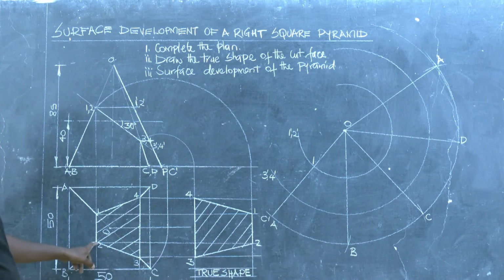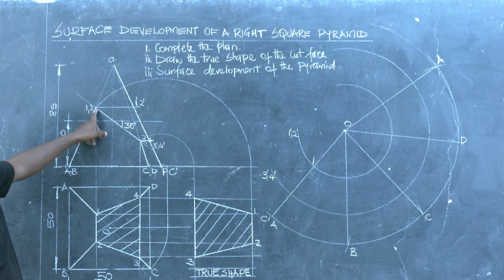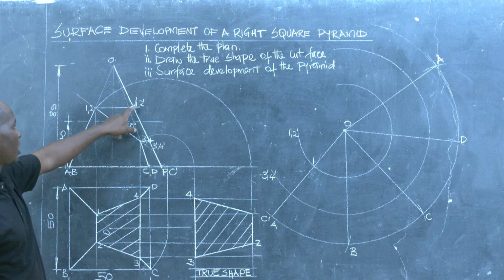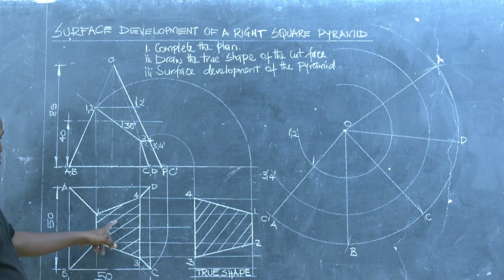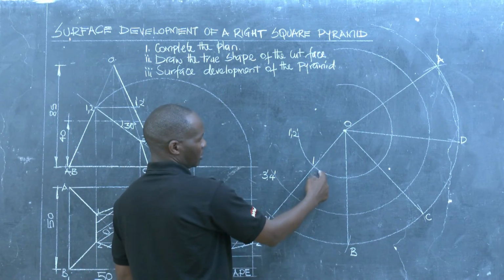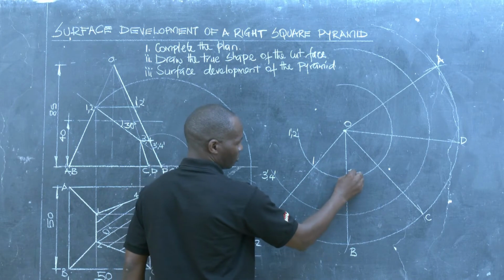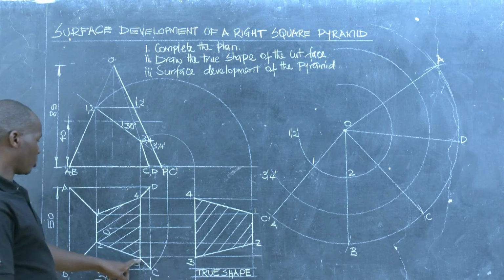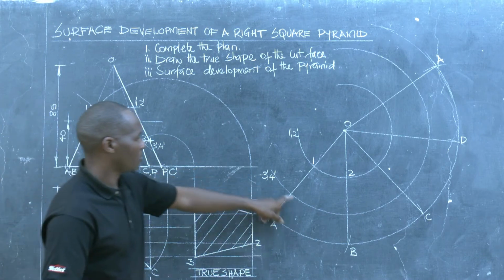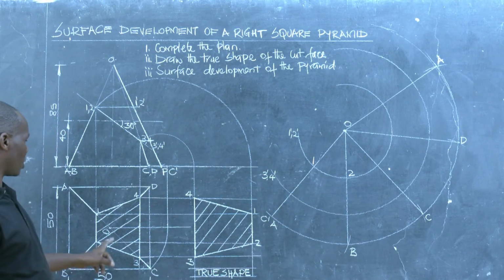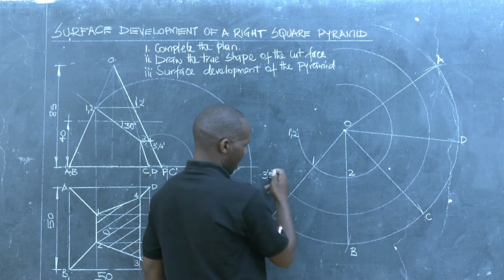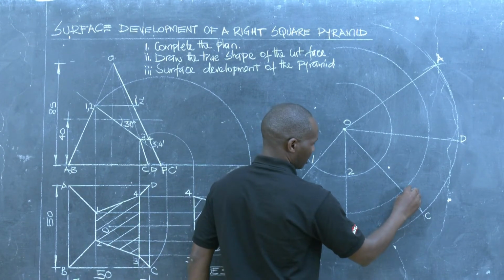Point 2 again will be given by the same arc, arc 1 prime, 2 prime. But now, when it intersects with the radial line OB, we get point 2. Point 3 will be given by arc 3 prime, 4 prime, where it intersects with radial line OC.